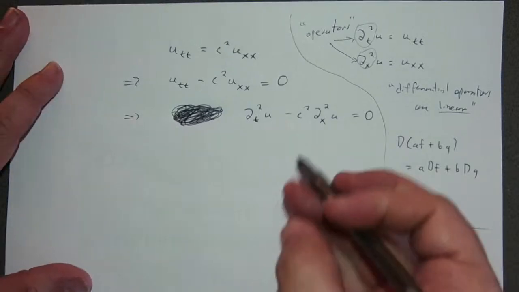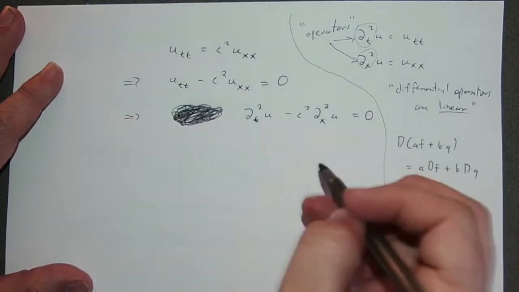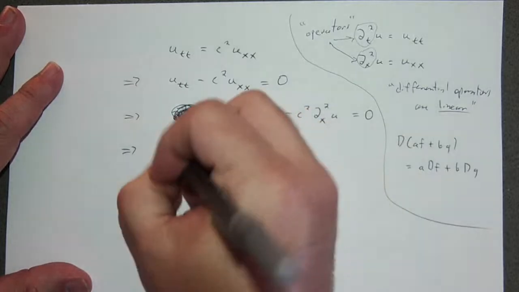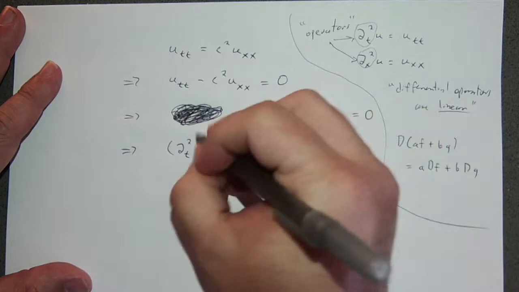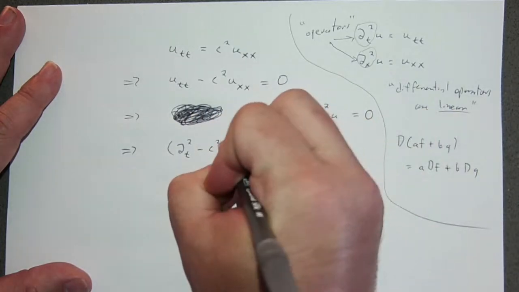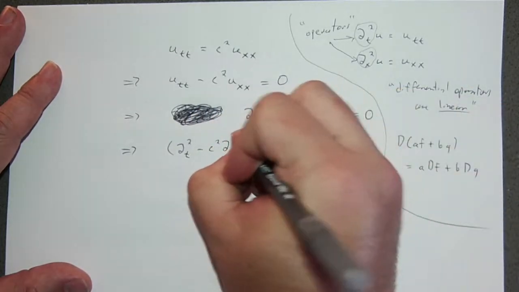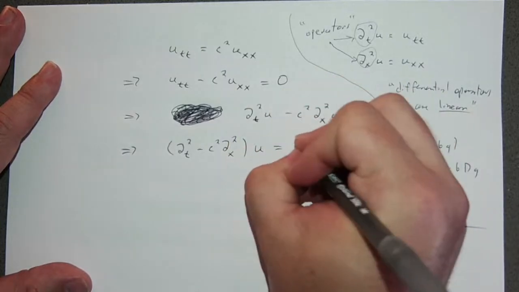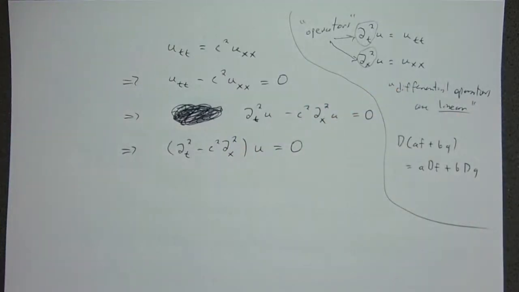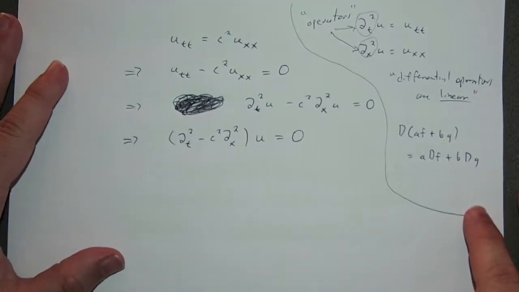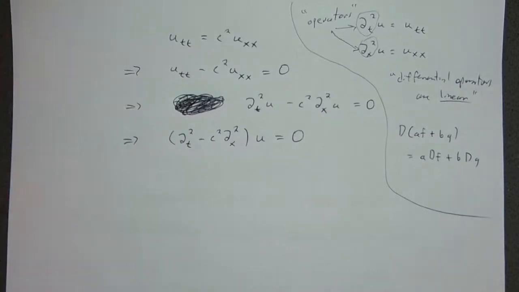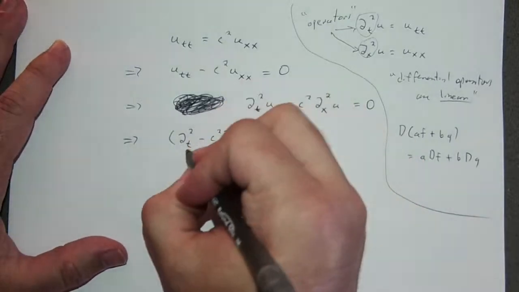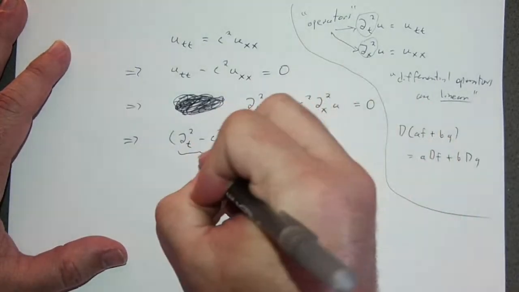So this is linear, which means I can pull this u through it, and rewrite this as del sub t squared minus c squared del sub x squared times u is equal to 0, where this thing in parentheses is one single operator. This one single operator I call box.